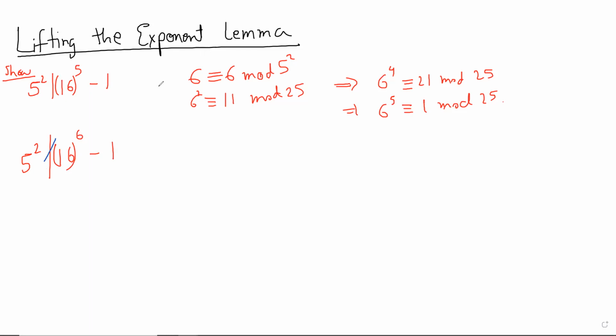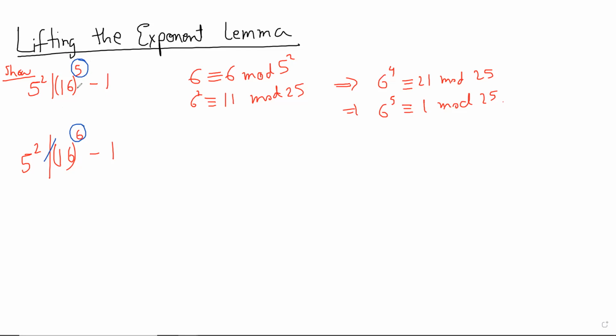Is there any pattern, because you wrote first 6 raised to power 5 minus 1 and now 16 raised to power 5 minus 1? Yes, there is a pattern, and that pattern doesn't just have to do with the base, but it also has to do with this power, which is 5.